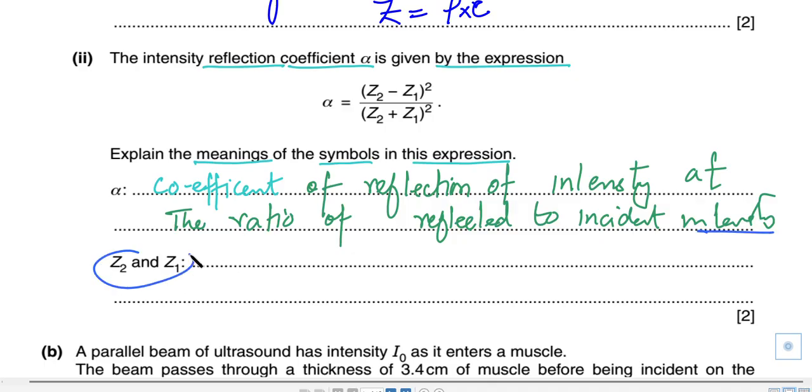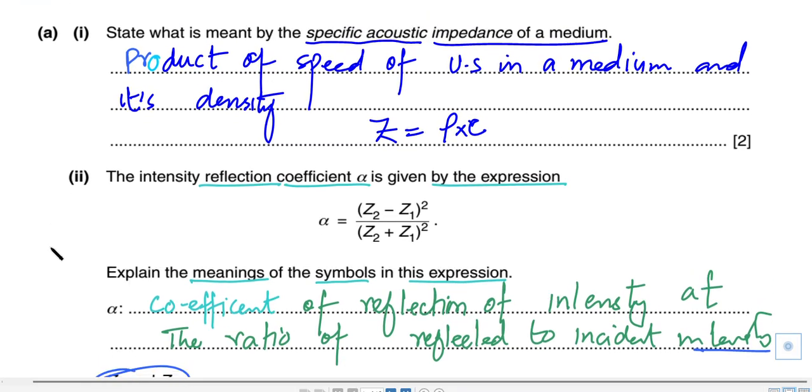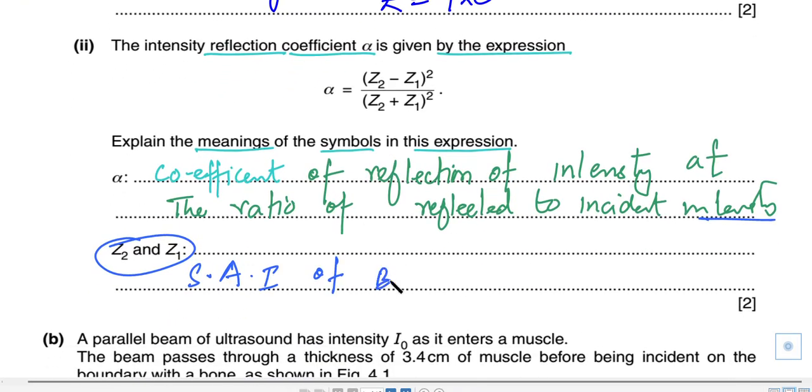What about Z1 and Z2? They are the specific acoustic impedances of both mediums. Okay, is it clear to everyone?